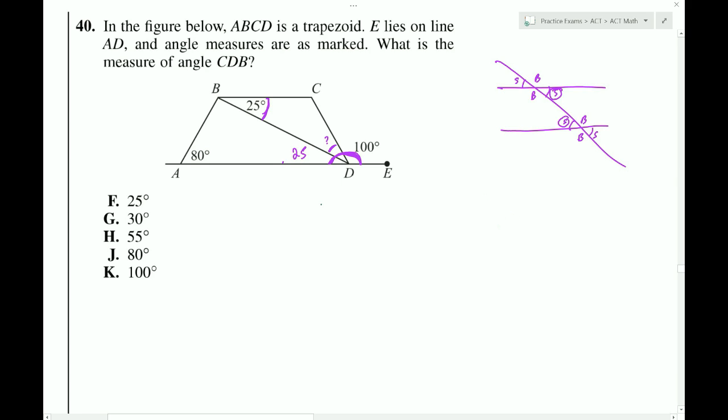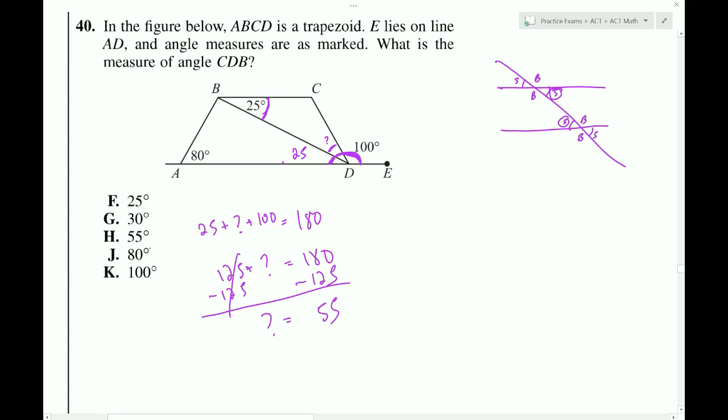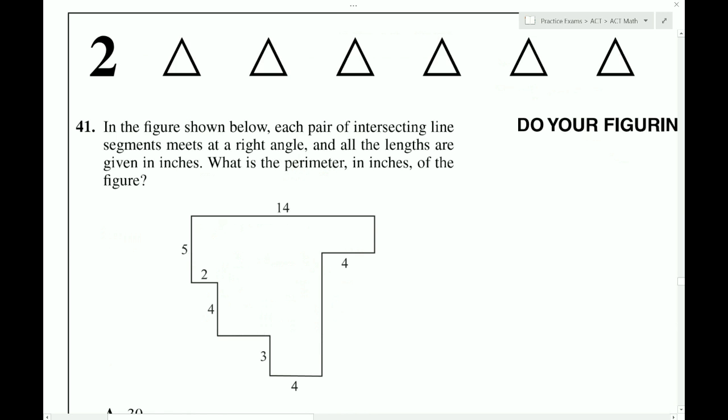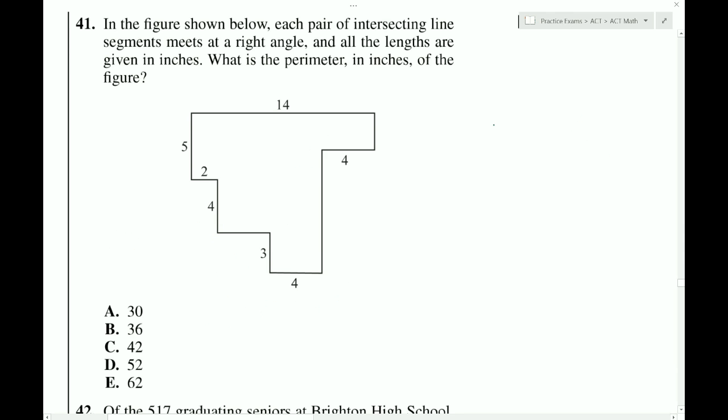That 180 degrees has to be composed of 25 plus question mark plus 100. So that's 125 plus question mark equals 180. We subtract 125, and we end up with question mark equals 55 degrees. Choice H.